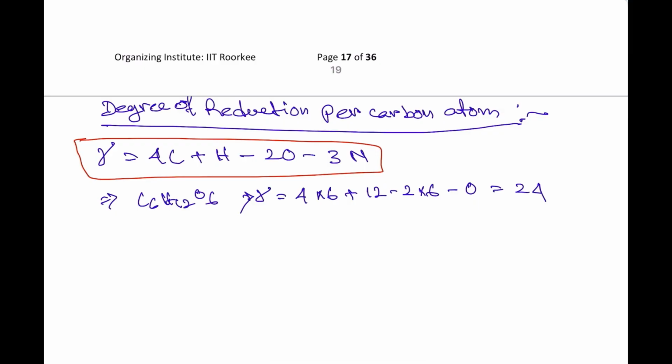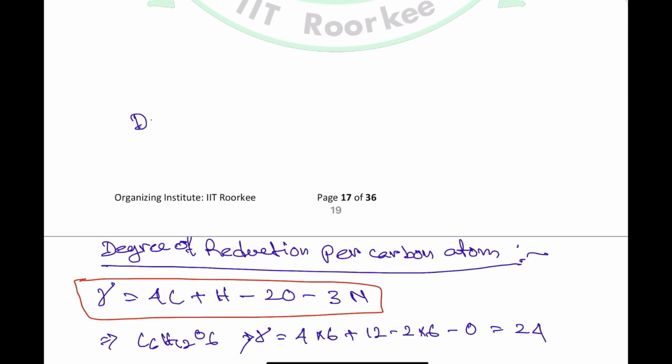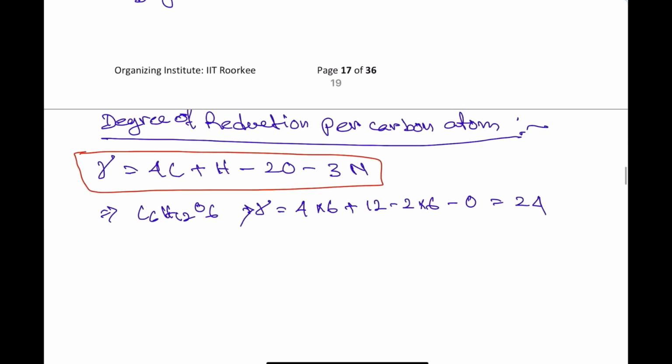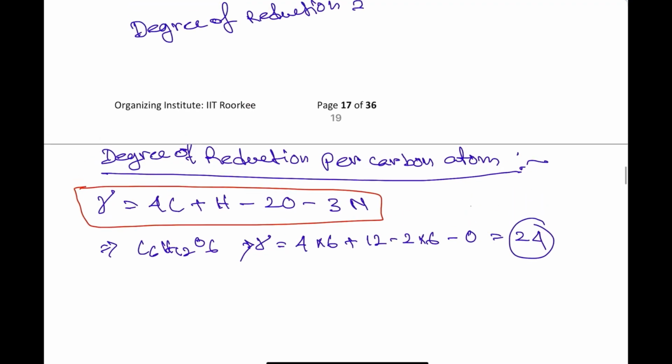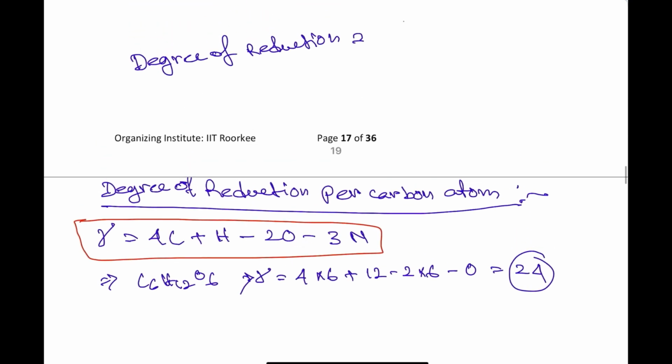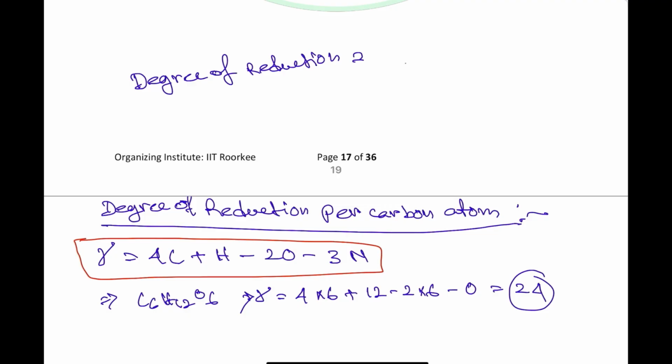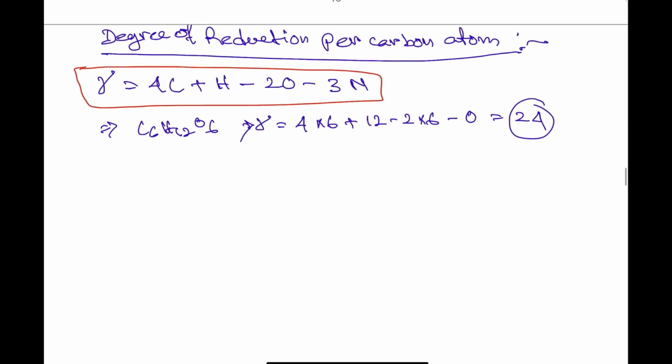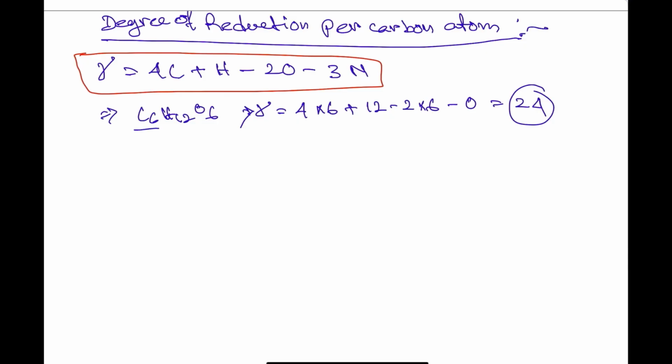And another formula we need to remember: degree of reduction is equal to the total we get divided by the carbon number. Here the carbon number is 6. So the degree of reduction is 24 by 6, we get 4.